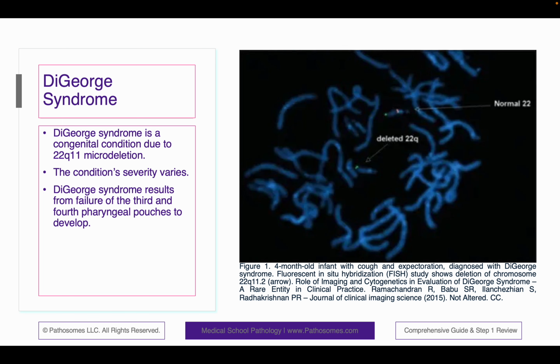This image here on the right side of the screen shows a pathologic technique known as fluorescent in situ hybridization. It's pointing at either the normal 22 chromosome or a deleted 22q, right? You can tell it's deleted because it's not lighting up like the normal one.